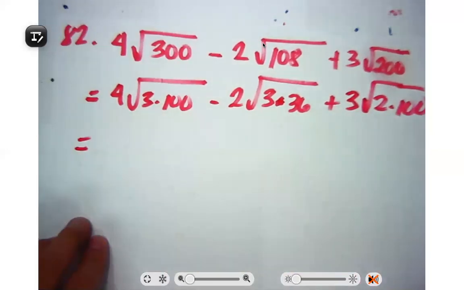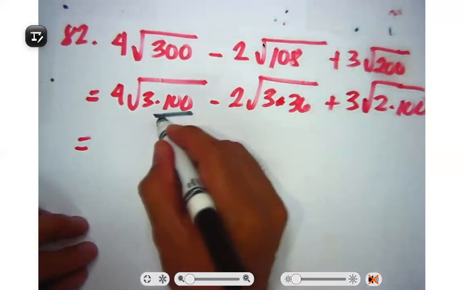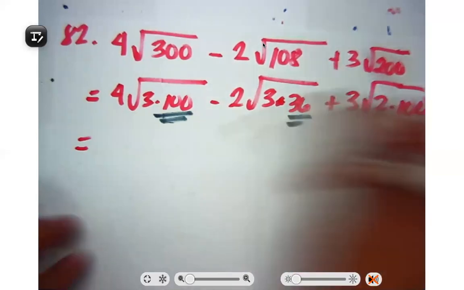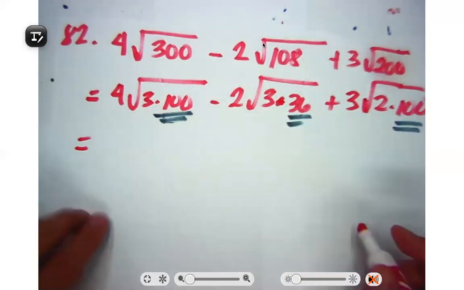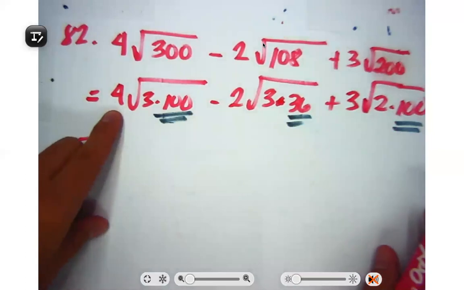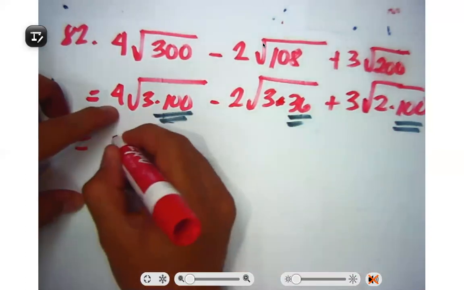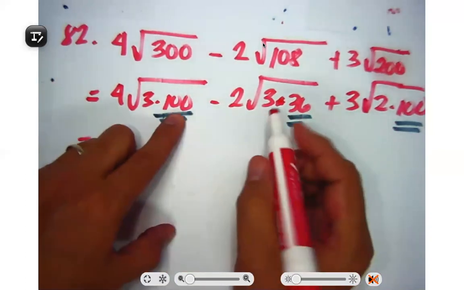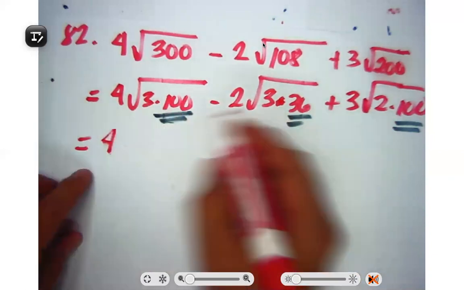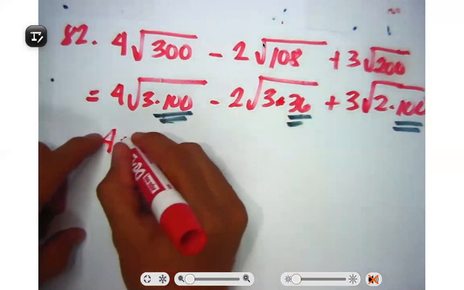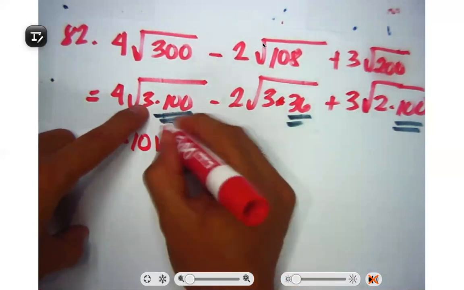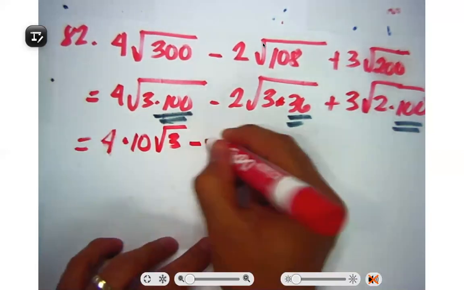Okay, let's get the square roots of all these perfect squares. Note that we have a coefficient for the radical, right? 4 square root of 100 is 10, so that would now be 4 times 10, and 3 stays inside, square root of 3, minus 2.